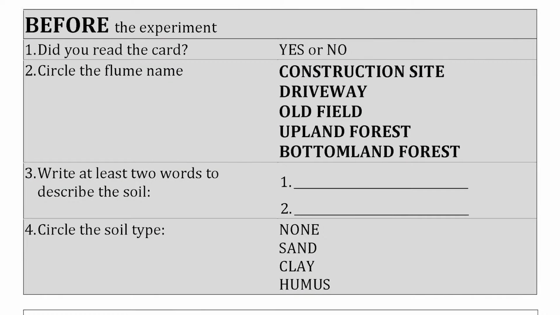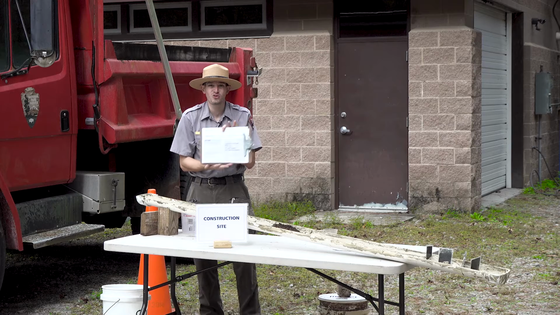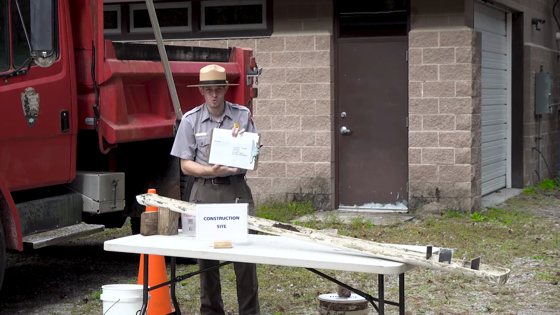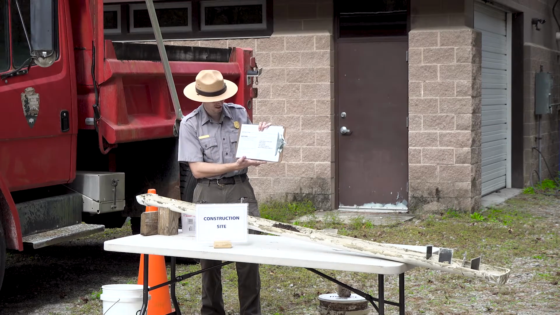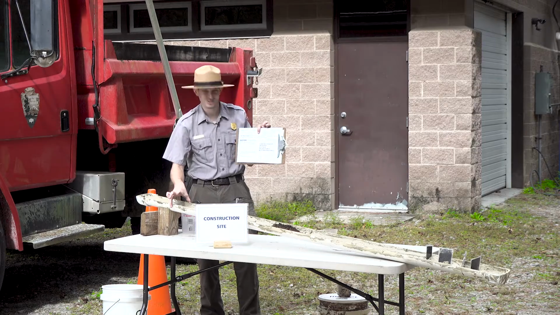Let's go over a few things real quick on our data sheet before we let the rain go. Now, did we read the card? Yes, we read the card. So that is step one. Now, circle the name of this flume. Where are we standing with this flume?